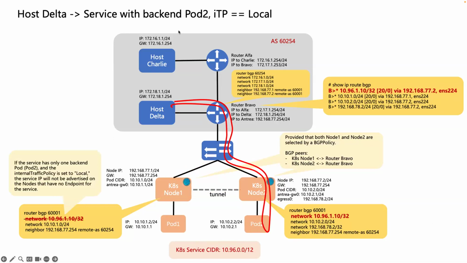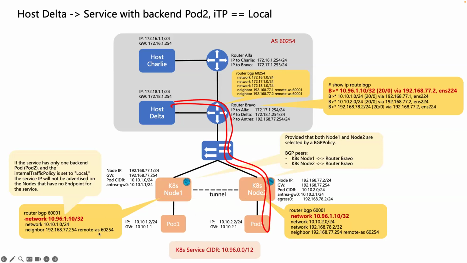A special case: the example I used is the ClusterIP, not an external IP or load balancer IP. The example is about internal traffic policy. If the internal traffic policy is Local, then assume that the service has only one endpoint, and it is on node 2.